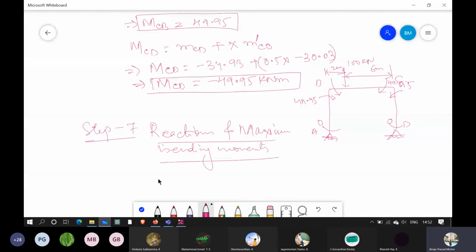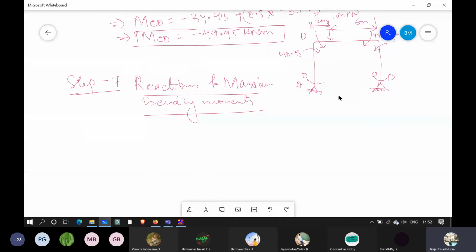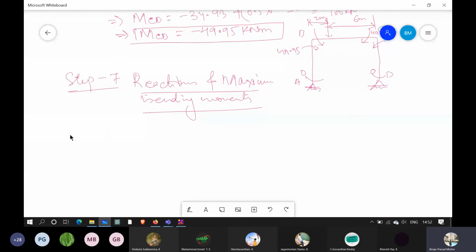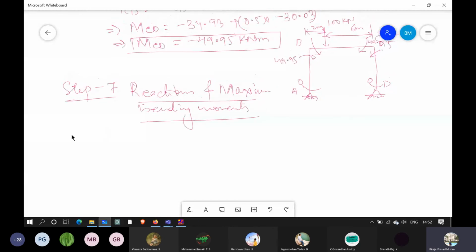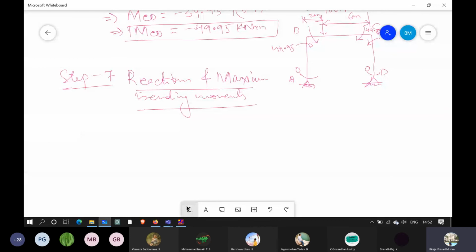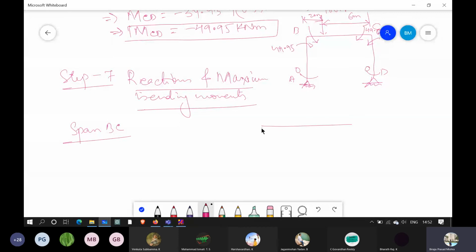Okay, so let us take span BC first. For span BC, here there will be reactions, RBC and RCB, and this one is again 100 kilonewton.